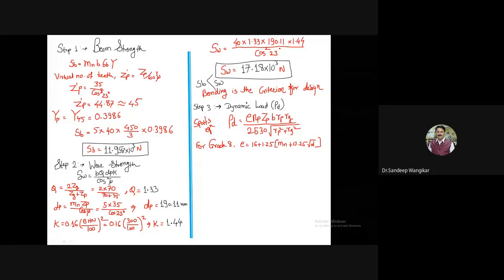So here we have to calculate dp, we have to calculate dg.